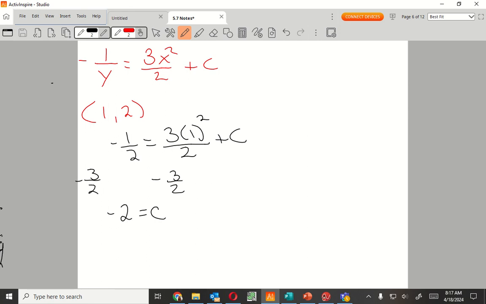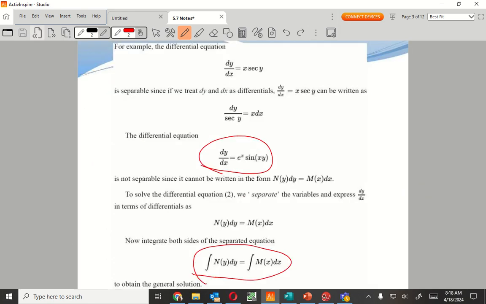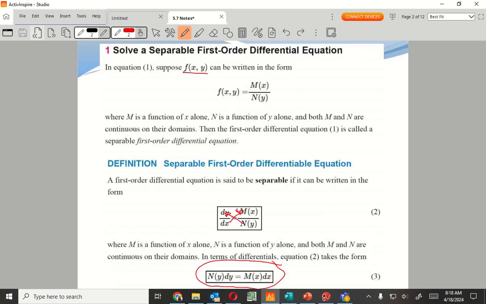Now, this is the particular solution here. This gives me a c value, so this is a specific solution that goes along with when my function is this. So it is written as f of xy.